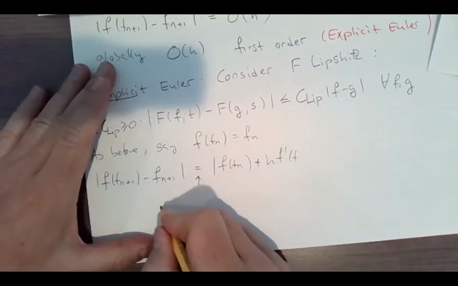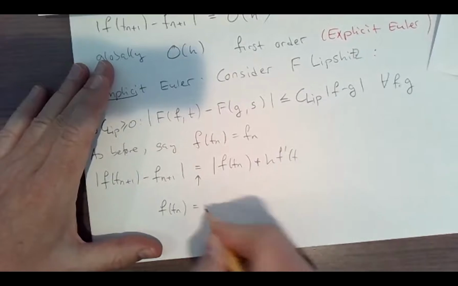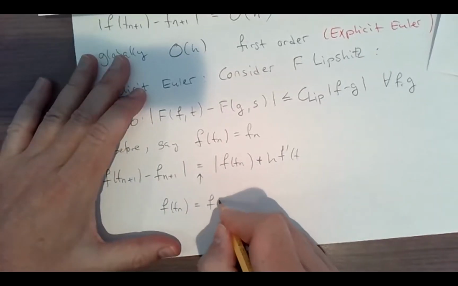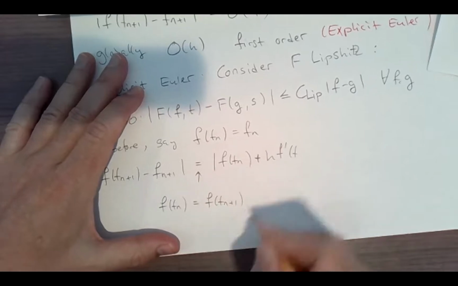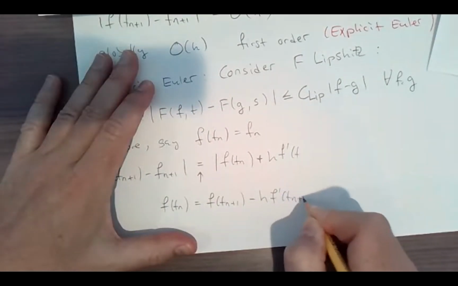If I expand around Tn plus 1, I will get f of Tn plus 1, then a minus this time of h times f prime of Tn plus 1.